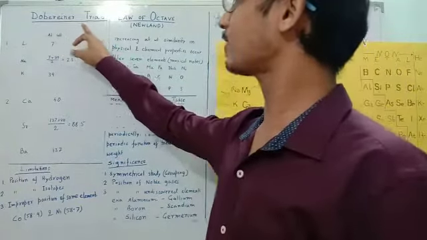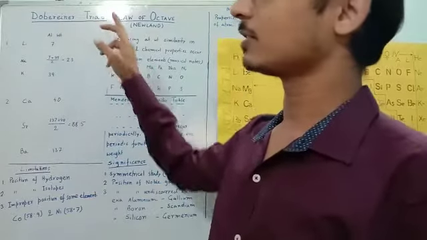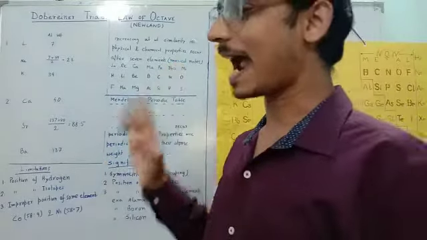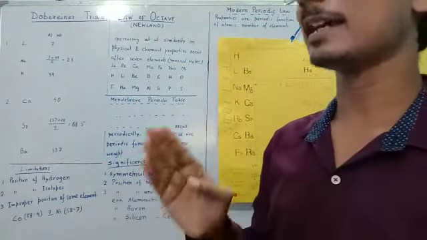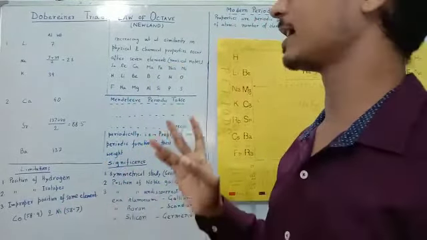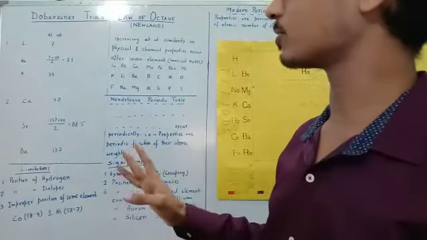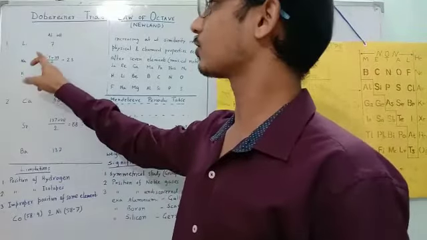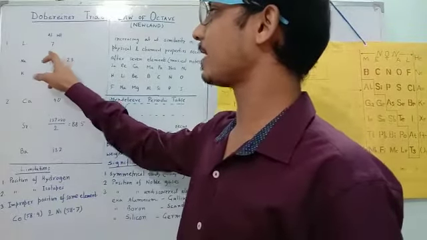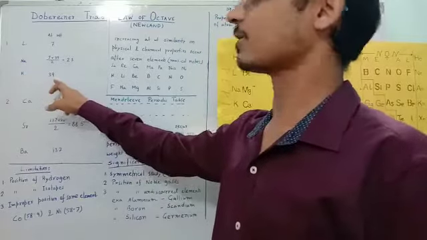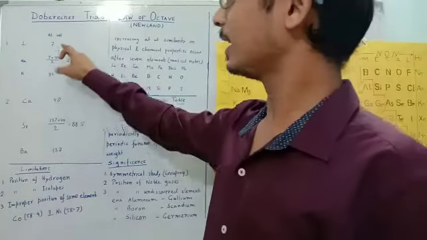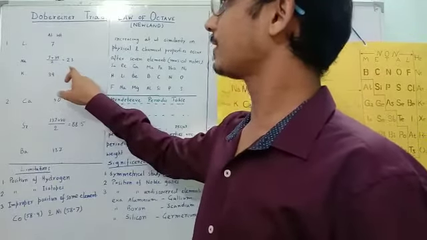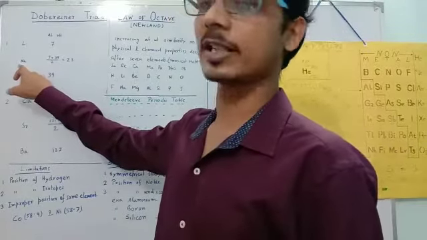In this triad method, we choose 3 elements and arrange them in increasing order of their atomic weight. Suppose we are taking lithium, sodium and potassium. The atomic weight of lithium is 7 and the atomic weight of potassium is 39. If we take the average of 7 and 39, it becomes 23, which is the atomic weight of sodium.